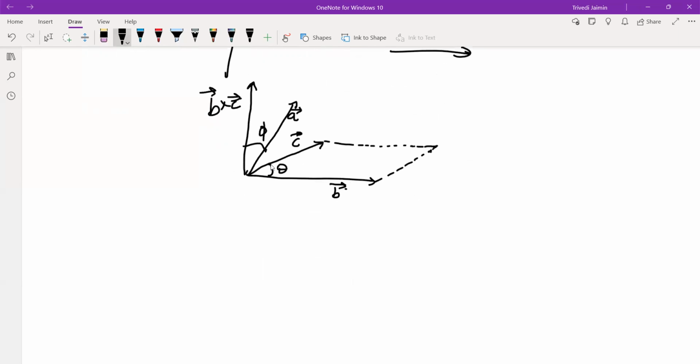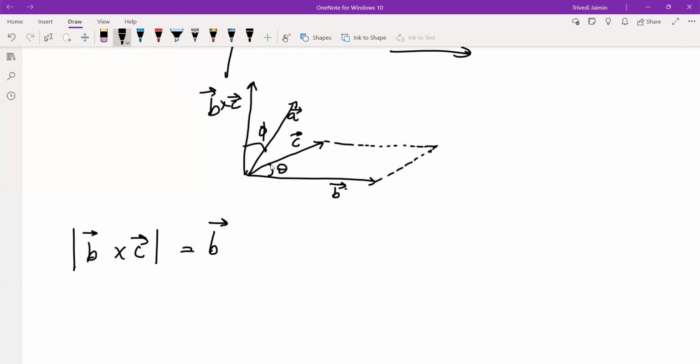This is a parallelogram. So what is the area of the parallelogram? It is B mod C sine theta.